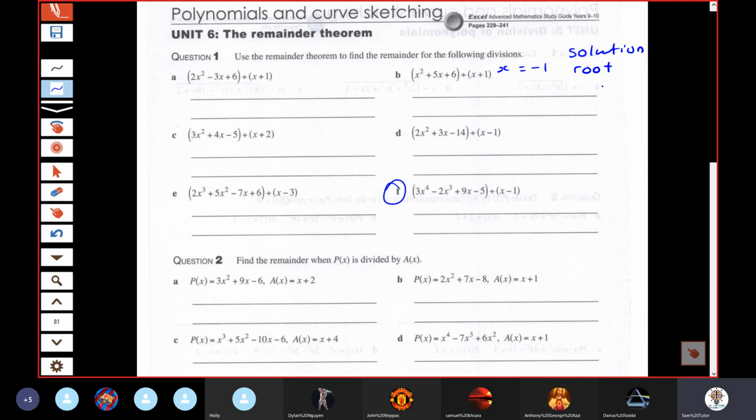So if you ever hear us saying root or solution, it just means you've solved. Okay, sub it in. -1 squared plus 5 minus 1 plus 6. 6 plus 1 is 7, minus 5 is 2. Remainder equals 2.